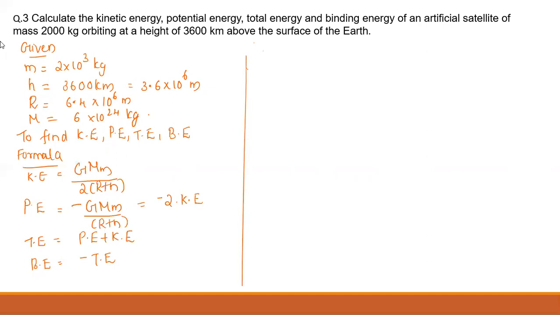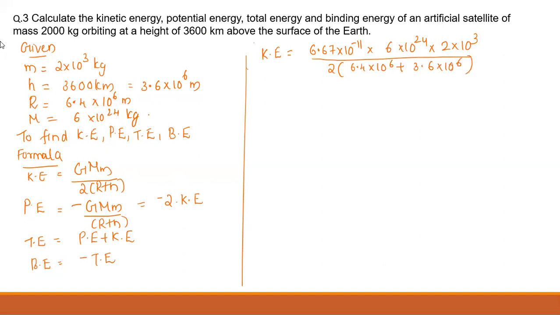First one, kinetic energy is equal to G. Capital G is 6.67 into 10 raised to -11, into mass of the earth, 6 into 10 raised to 24, into small m, the mass of satellite, that is 2 into 10 raised to 3, divided by 2 into R plus H, that is 2 into (6.4 into 10 raised to 6 plus 3.6 into 10 raised to 6).